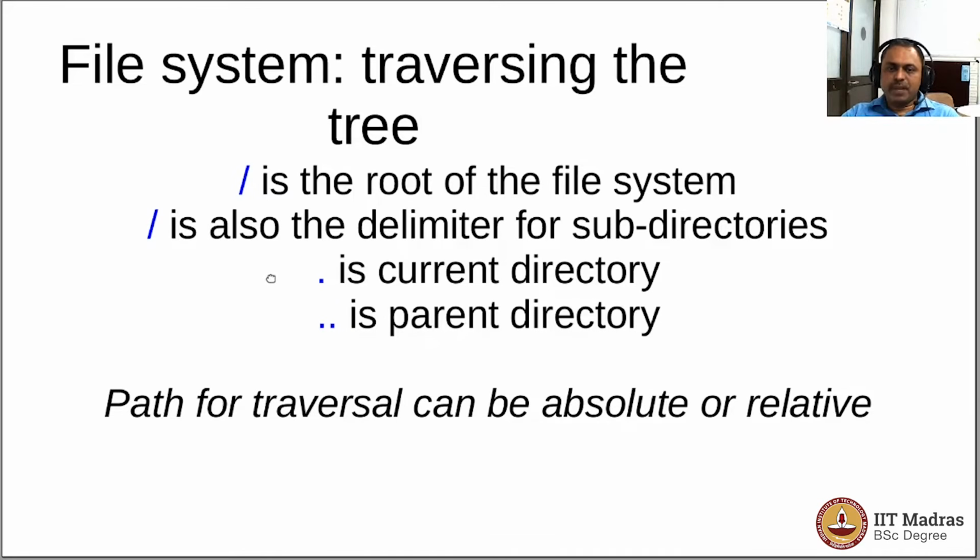So if you type the command cd space dot, nothing will happen because you are trying to change the directory to the current directory. So there is no change in the directory position. If you type the command cd space double dot, then you are going one level up in the file system hierarchy. So you could traverse the file system hierarchy up and down by changing the directory.